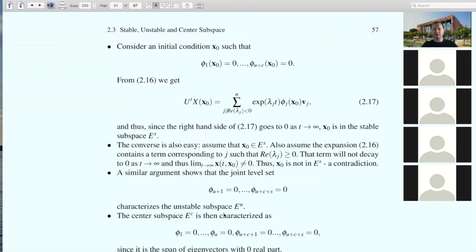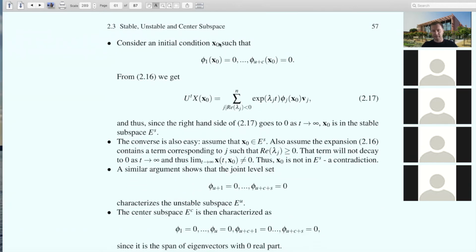So now take an initial condition, x0, such that phi 1, the eigenfunction associated with lambda 1, to phi u plus c of x0 is equal to 0.